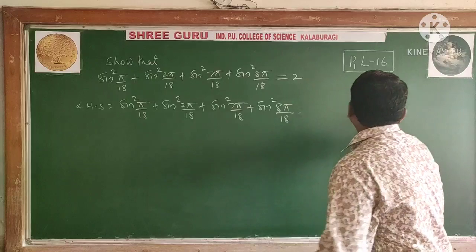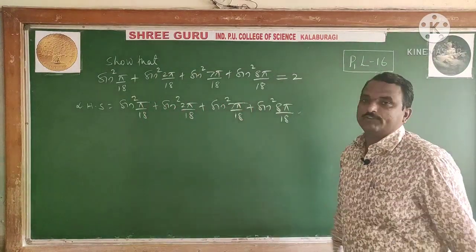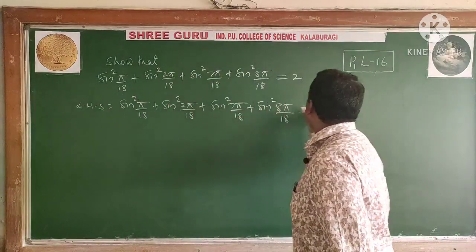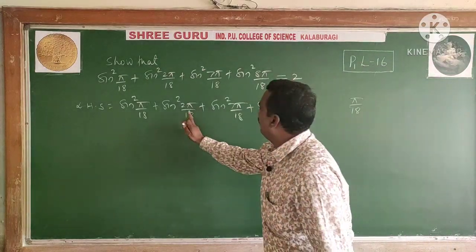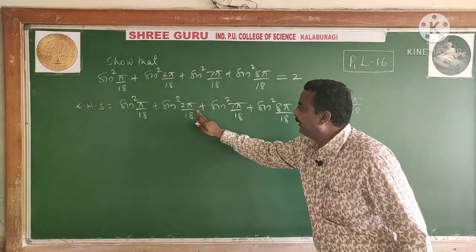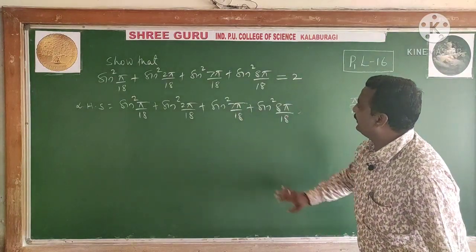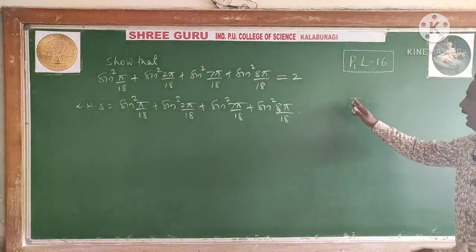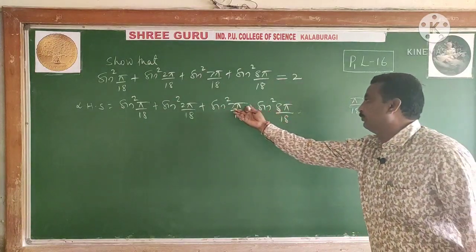I have covered this in the previous class. In this type of example, if you convert in terms of degrees, it becomes very simple. If I calculate this one, pi by 18, then you may write the remaining three directly.